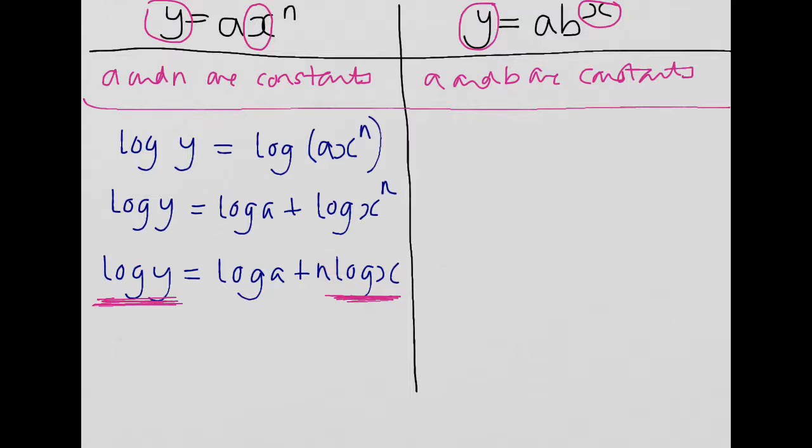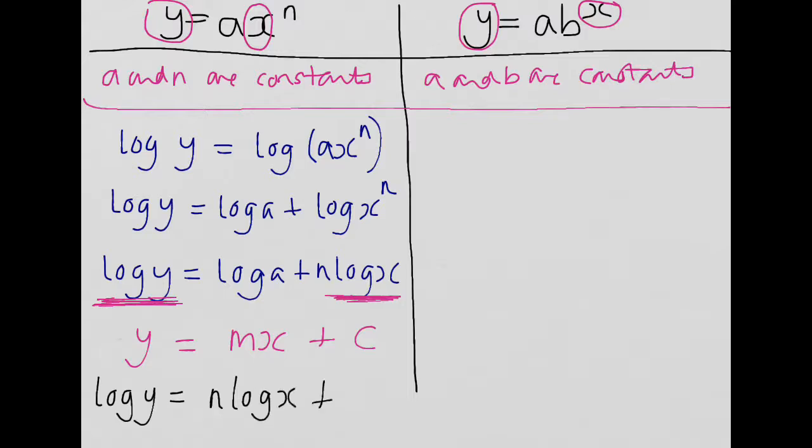Now the significance of this is, if I write y equals mx add c, then I can say this would be log y equals n log x add log a. So I'm comparing this, written in a slightly different order, with y equals mx plus c.